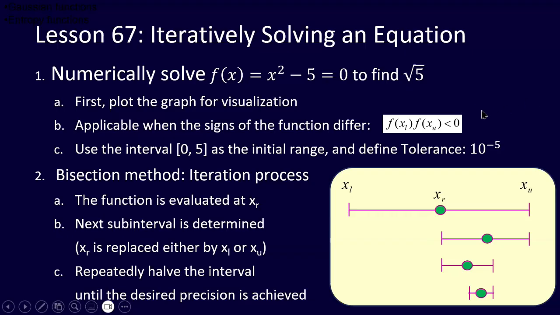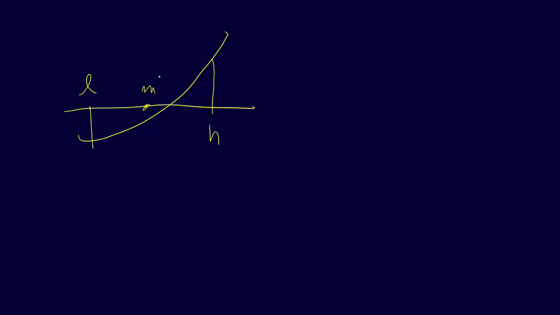Okay, so this is how it starts. Okay, there's a graph, and we start from the high point here and the low point here. We'll check the midpoint m, which is L plus h divided by 2.